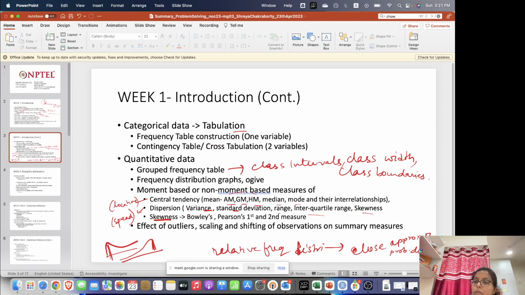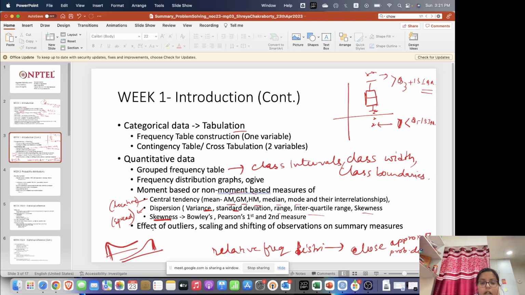Now one thing to remember: if we have a box plot, let's say I have a box plot like this, whatever outlier values are beyond, let's say this is less than Q1 minus 1.5 IQR, and this point will be beyond Q3 plus 1.5 IQR, where this is the interquartile range.